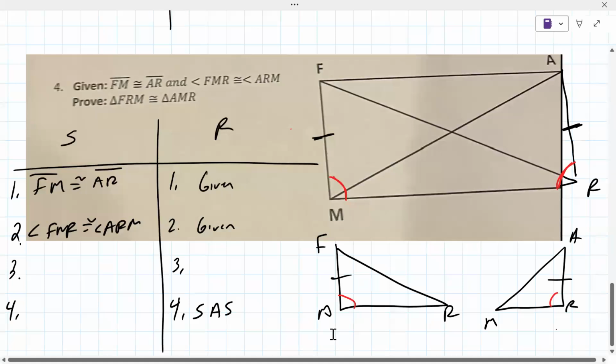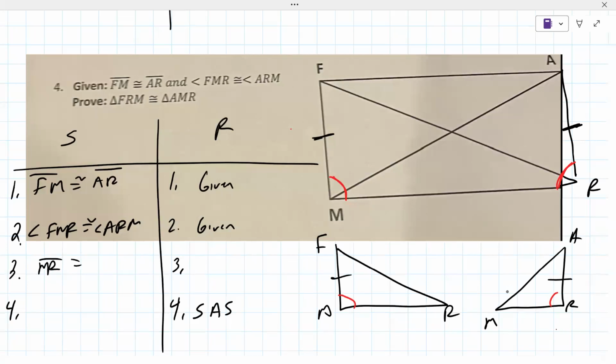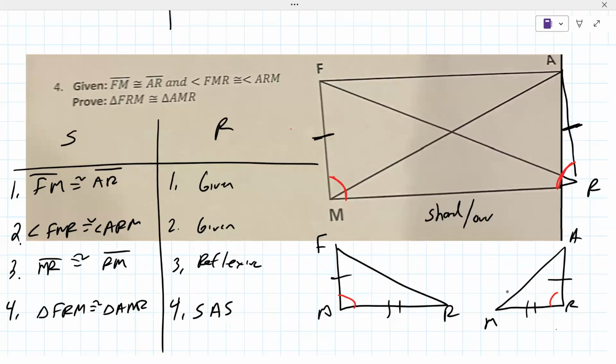So this is kind of like that first problem we did where there's an overlapping side. MR is congruent to RM by the reflexive property. And that gives you the triangles congruent by SAS. So you always want to be on the lookout for that shared overlap side like that.